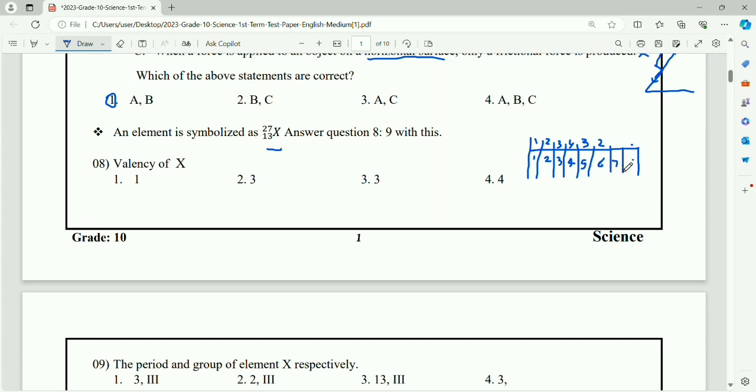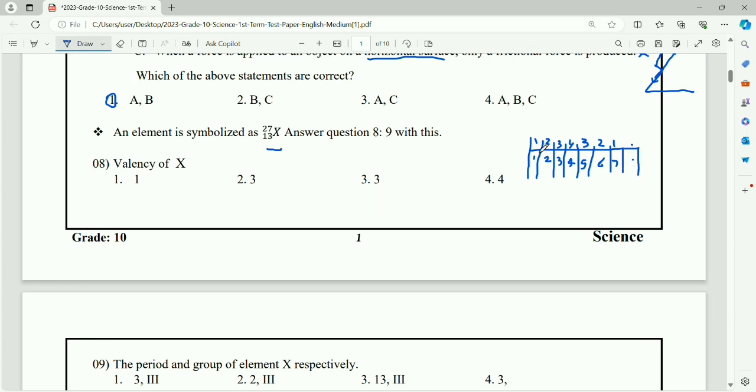So it will easily get 1 electron and get a stable electronic configuration. Group 8 already has a stable electronic configuration, so the valence is 0. Group 8 valence is 0 because they already have a stable electronic configuration.